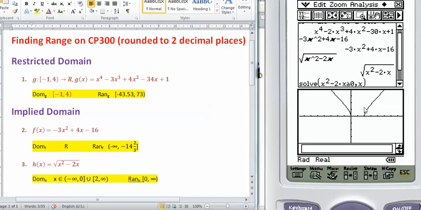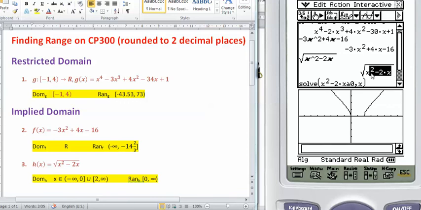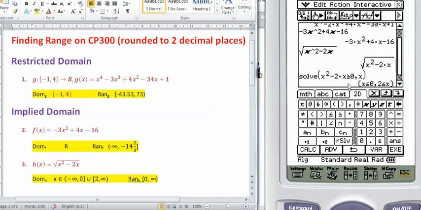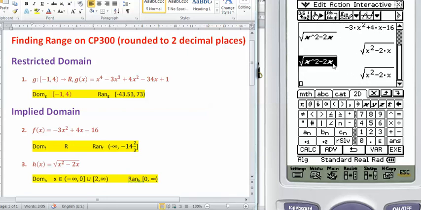Now I will know what the values of x will be when the bit inside the square root has to be greater than or equal to 0. So I'll bring up my keyboard, I'm going to copy the bit inside, place that there.